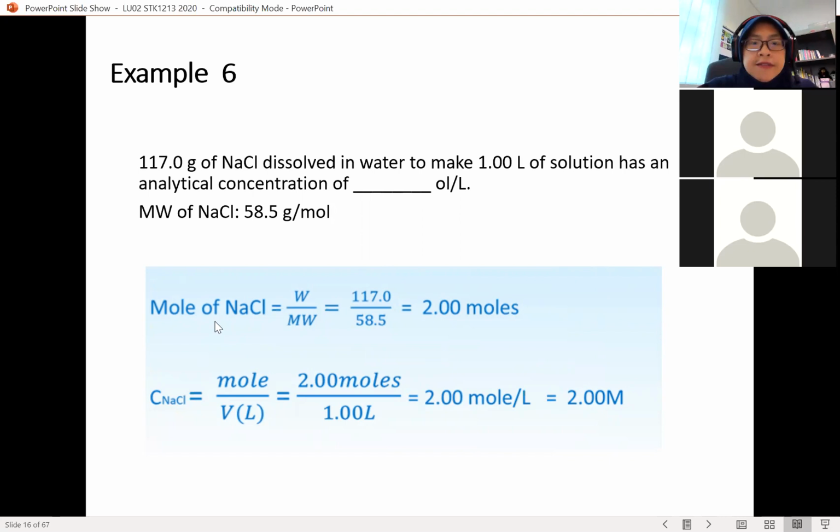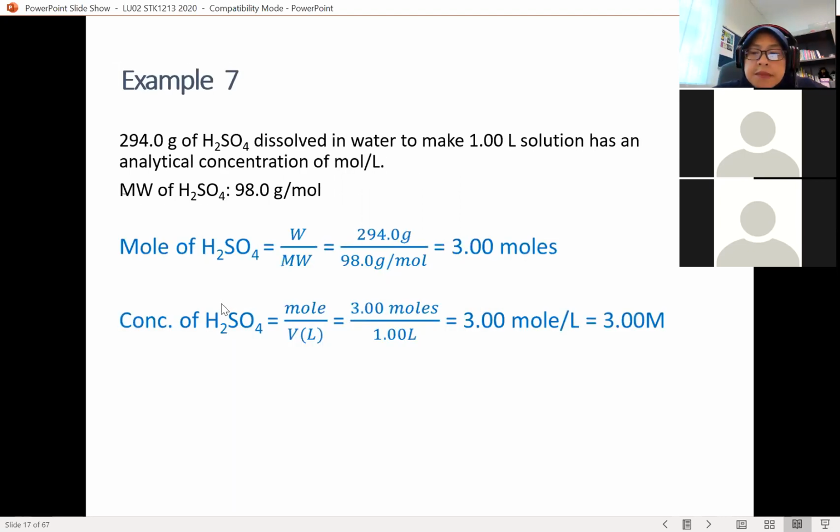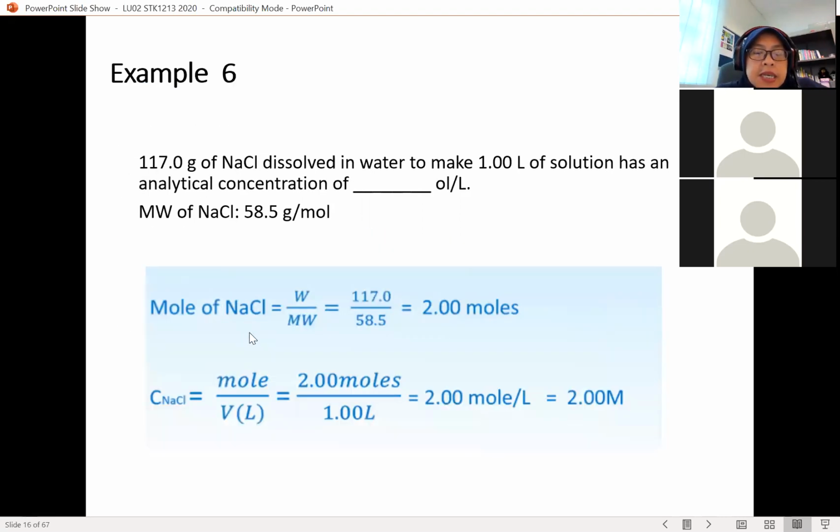You already have liter, you don't have mole, but from the formula mass, you can get the mole. Mole is equal to mass of NaCl over formula mass of NaCl. This is another formula that you have to remember.